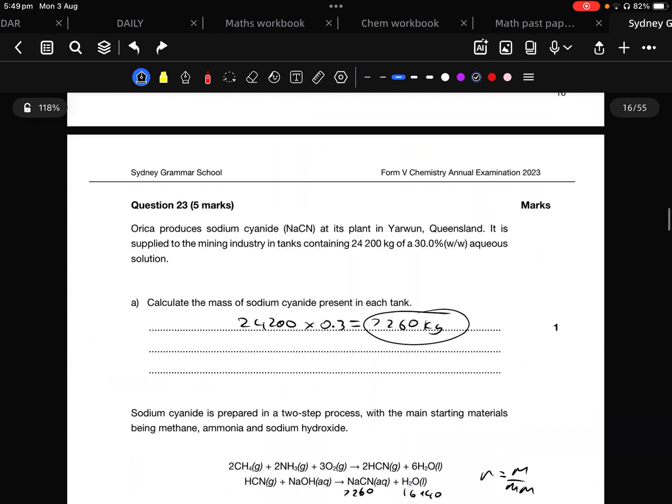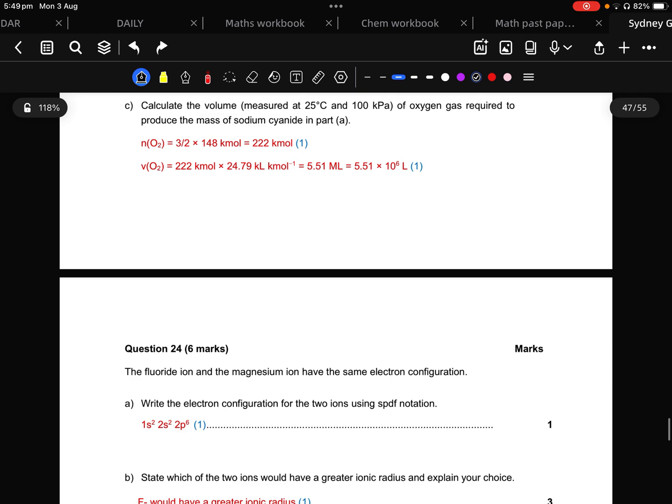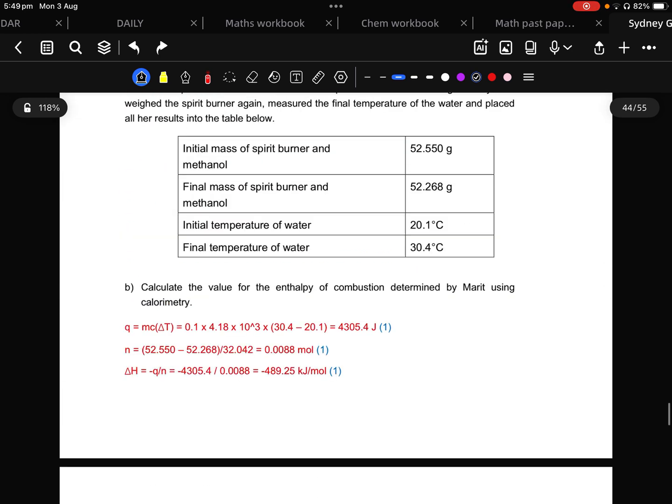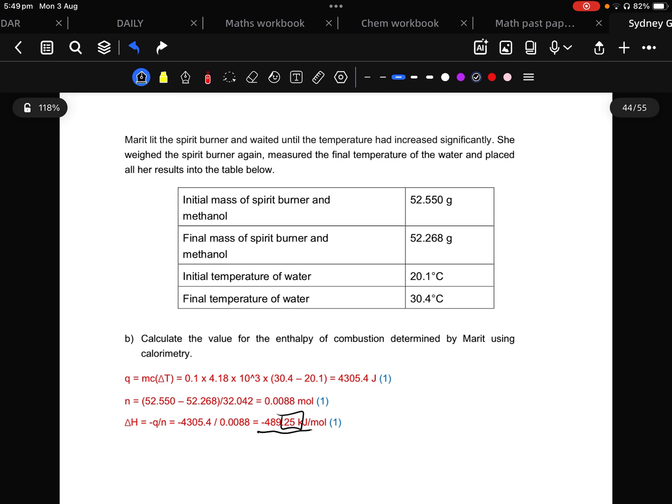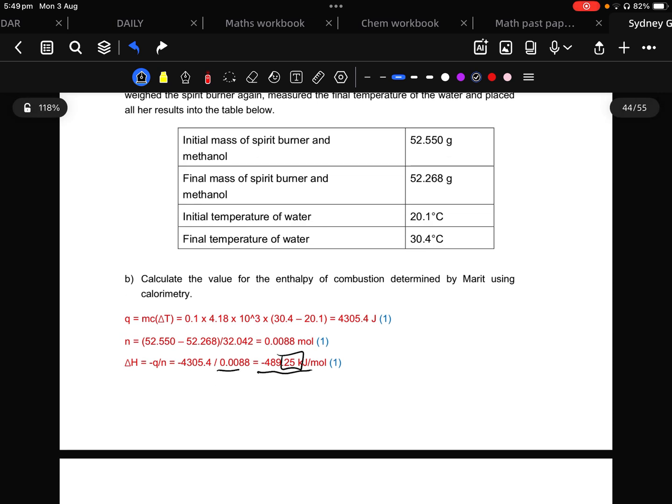Question 22b. We should have got 489. It says 0.25, which we didn't get because in their results they rounded the moles to 0.0088, which I recommend not to do. Don't round your values until your final calculation.